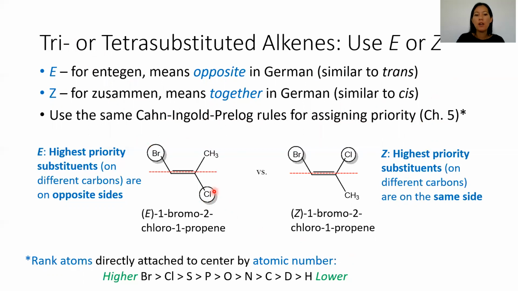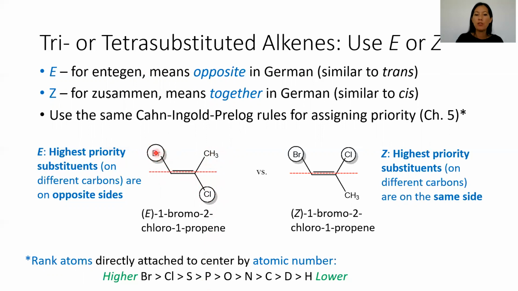So here, if I'm looking at the group on the left, that's bromine, that's the highest priority over H. But here on the right, should I look at it versus methyl or chlorine? You pick the one that has the highest atomic number. So chlorine has a higher atomic number than carbon. So this is a higher priority group.